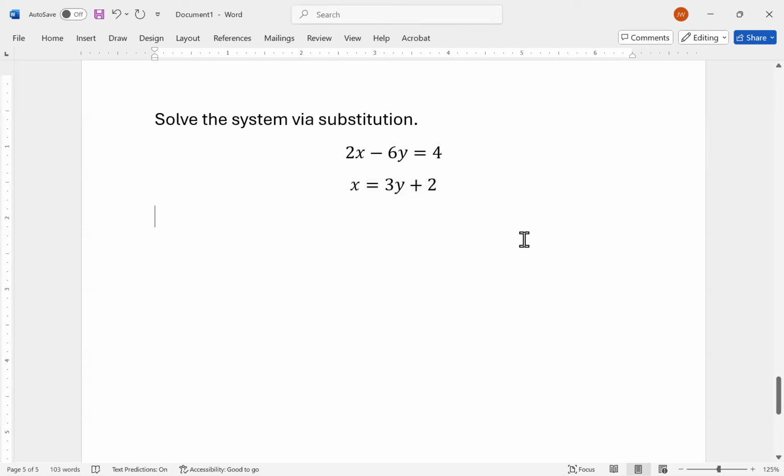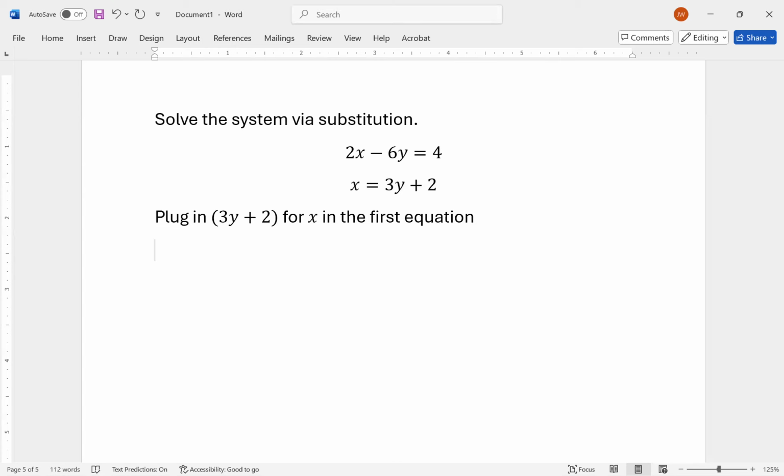In this case, our second equation is solved for a variable. We already have x equal to an expression in our second equation. So what we would do is plug in this 3y plus 2 for the x value in the first equation.